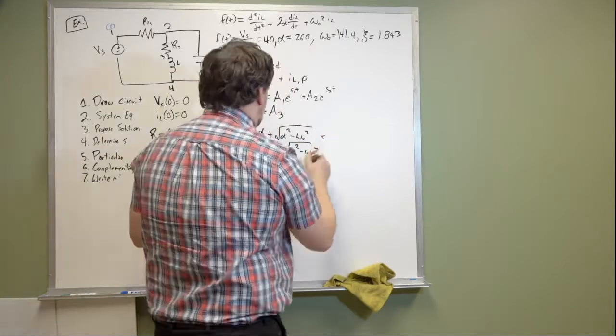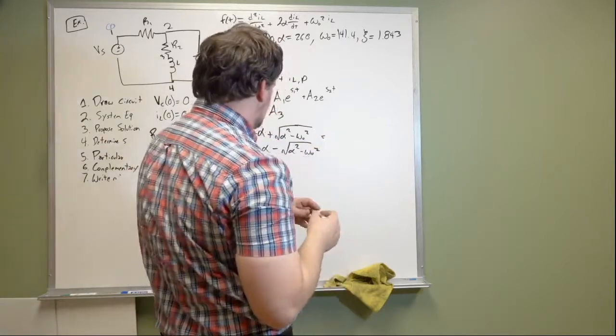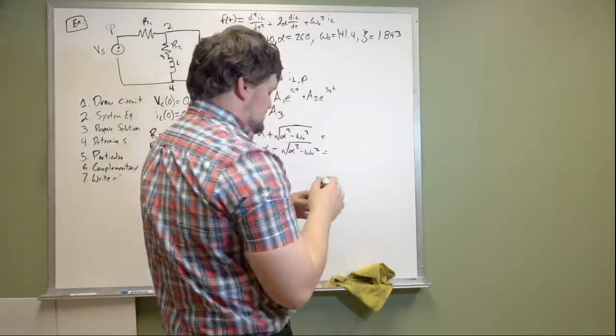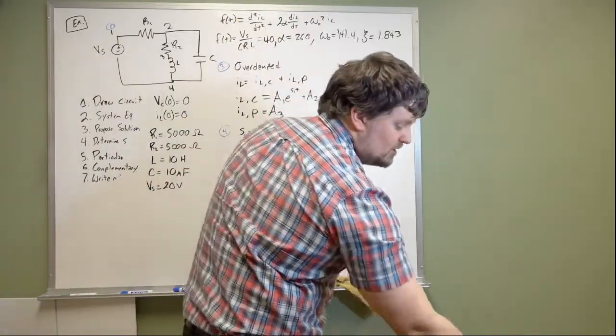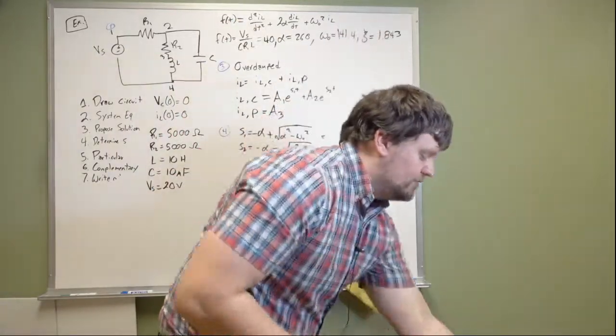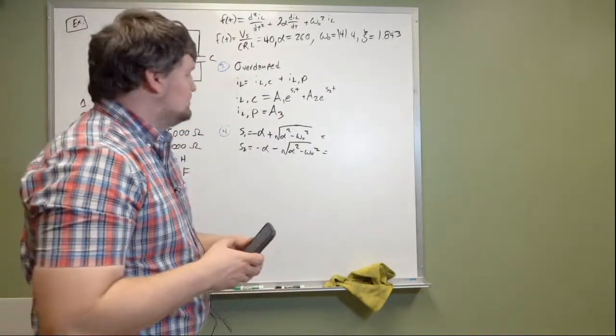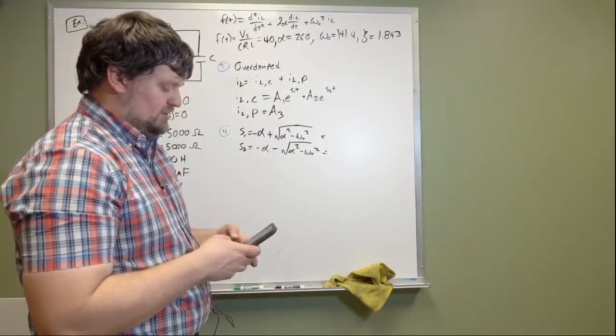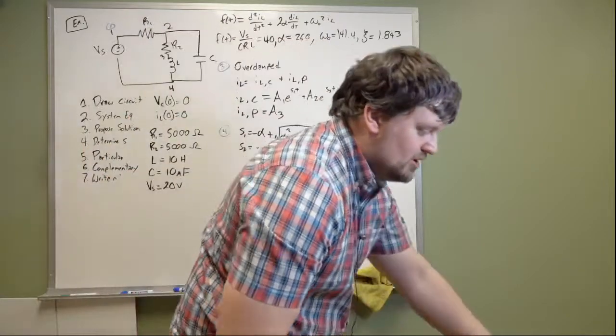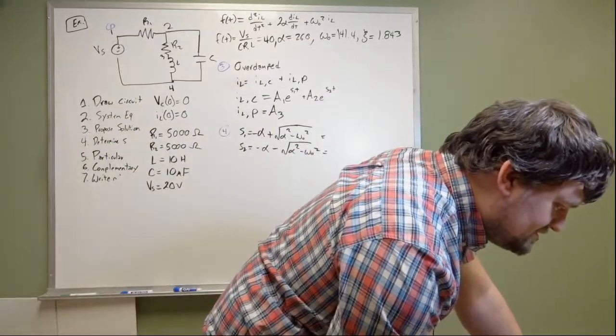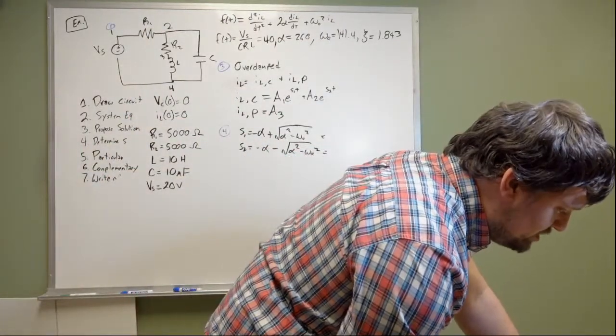Okay, so here we know all of our values for alpha and omega naught, so we can just directly solve for these by plugging in values that we have. No derivations needed. Just plug it into a formula. And these, by the way, were formulas 4.72 and 4.73 from the book.